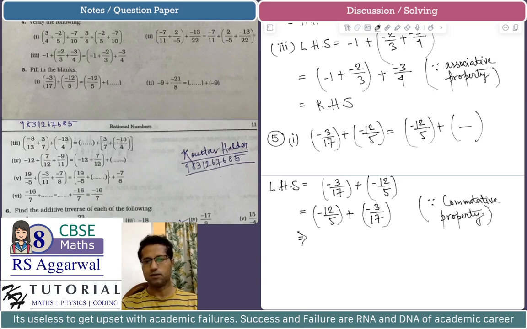You can consider, let the rational number in the fill in the blanks be x, or you can say a by b or p by q, whatever, it does not matter, x.